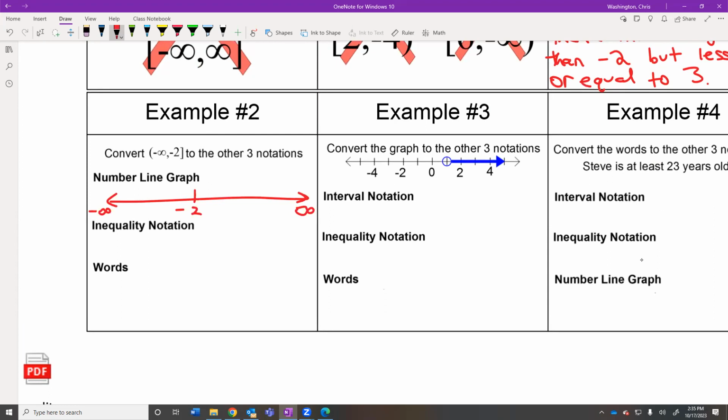You can put a bunch of other numbers on there too if you want. Would -2 get an open dot or a closed dot? Closed dot, good. And we're just going to draw an arrow going to the left. So that would represent every single number less than or equal to -2.